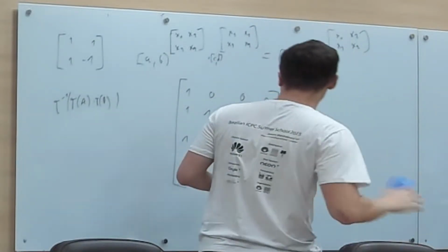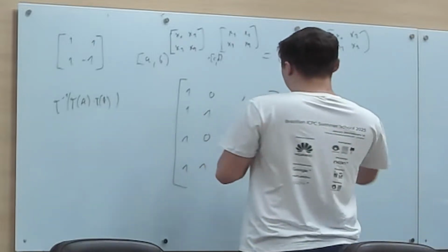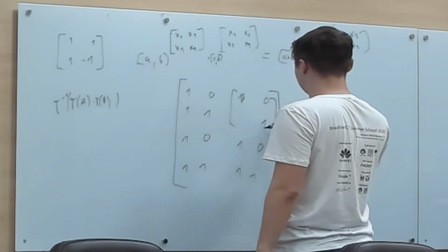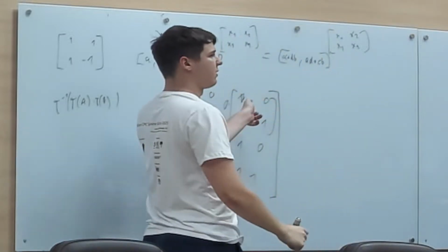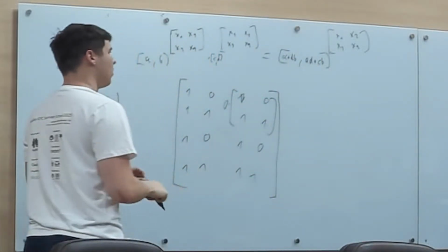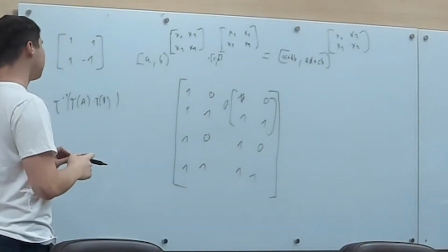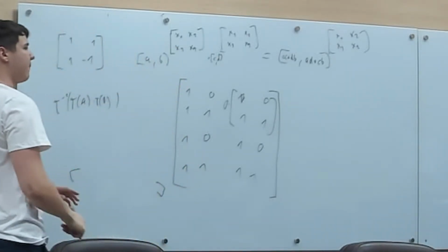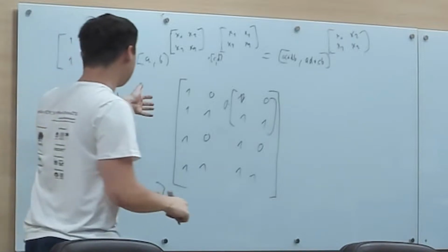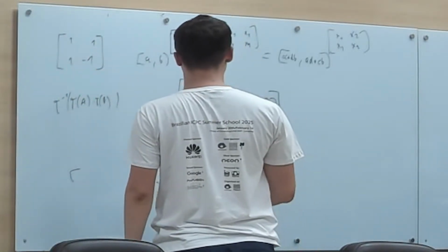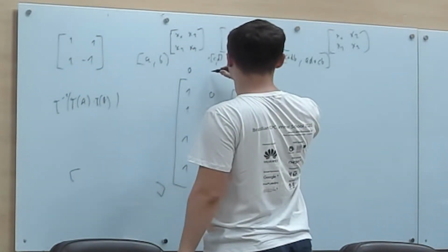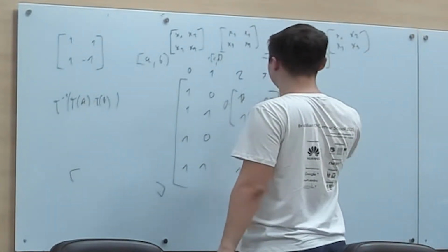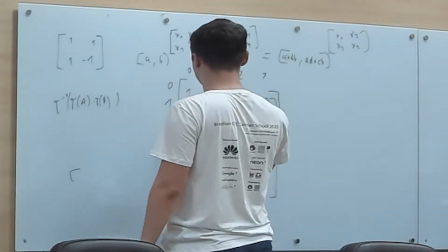Okay, maybe let's write it down in a different way. It's 0 times that, right? So here are only the zeros. Okay, so now let's think what it does with the input vector. What are the numbers here? 0, 1, 2, 3.